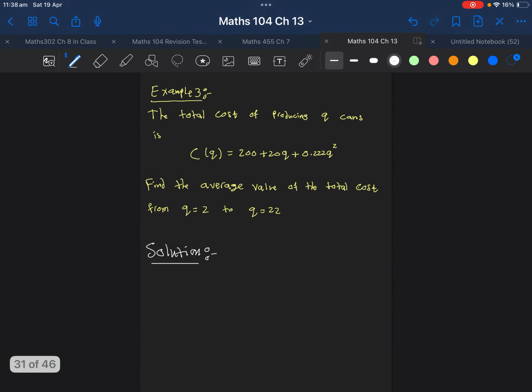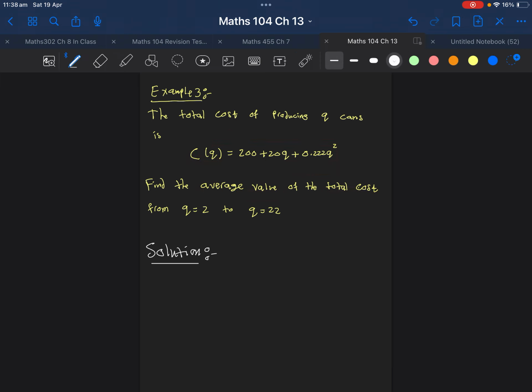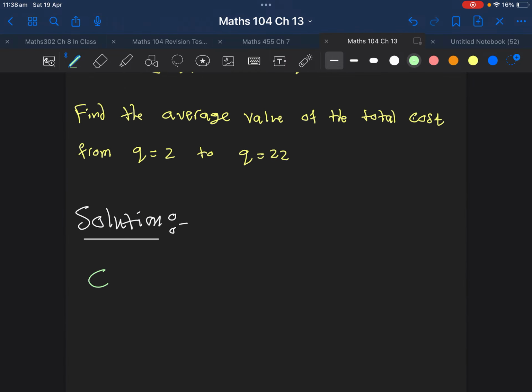Next example. Again, we have the cost of producing Q cans given by this formula here. Find the average value of the total cost from Q equal 2 to Q equal 22. So again, I need to find the average value, which is 1 over B minus A, integral from A to B of f of x dx.